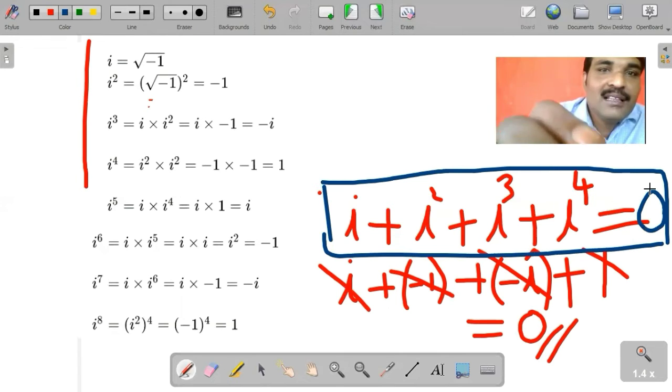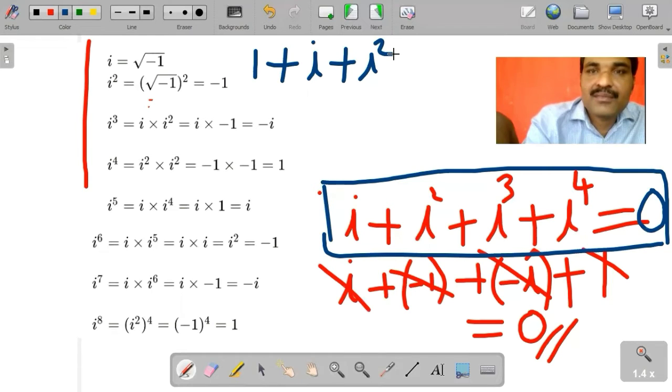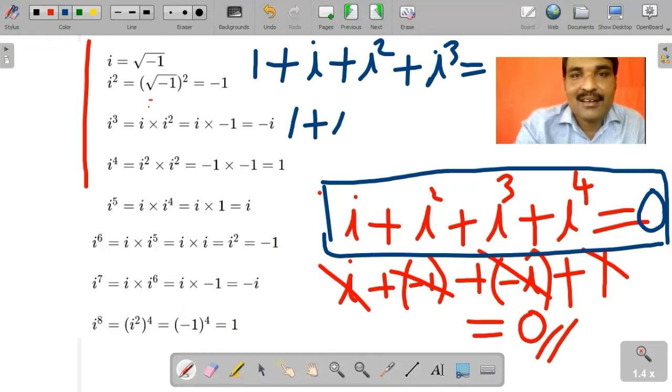Right. Now 1 plus iota plus iota square plus iota cube. What is the value of this expression? Let us see. 1 plus iota. Then we have iota square. So iota square is equal to -1.